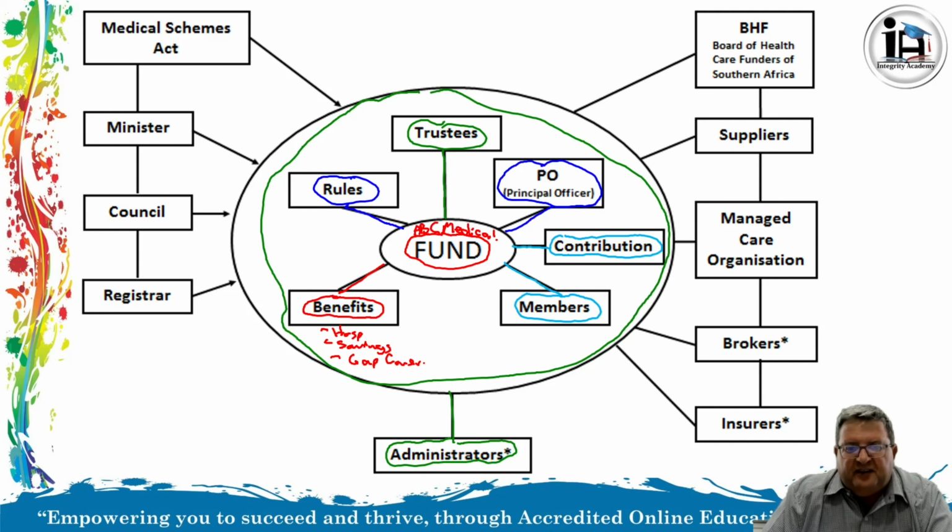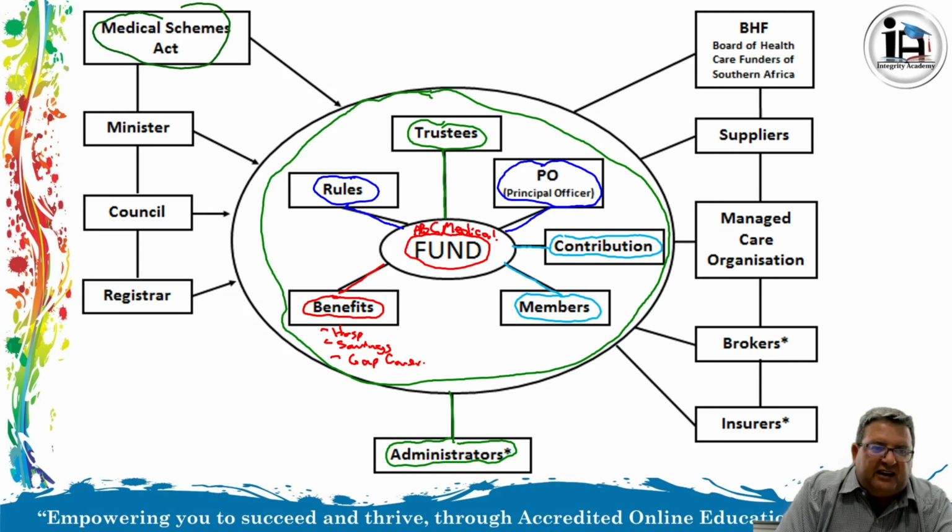But they get ruled, and they must follow the Medical Schemes Act, which is also run by the Minister, the Council for Medical Schemes, and the Registrar. They all have their eyes on ABC Medical Scheme.